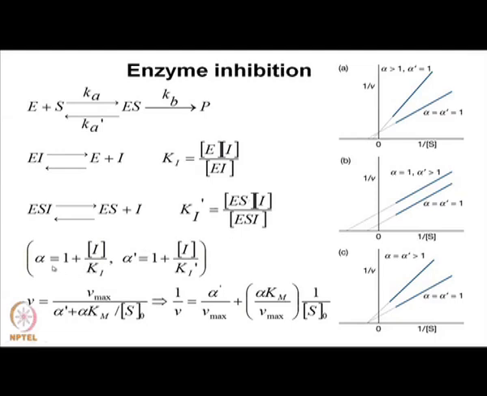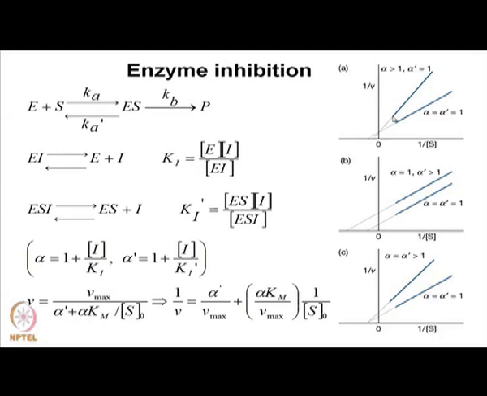We define one quantity alpha, which is 1 plus I by Ki, and alpha prime, which is 1 plus I by Ki prime. In this case V can be written in this fashion, and if we plot 1 by V versus 1 by S, then we see that there are three situations. In the first, alpha is greater than 1 and alpha prime is equal to 1.